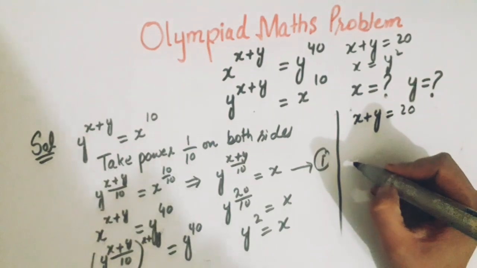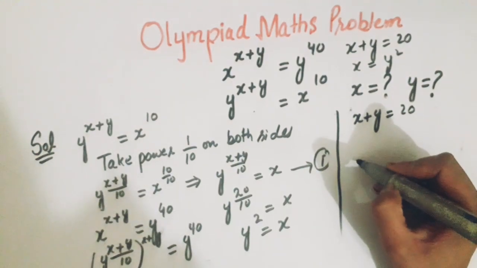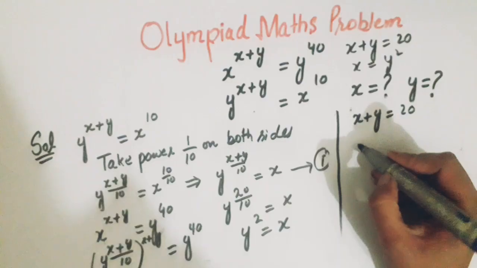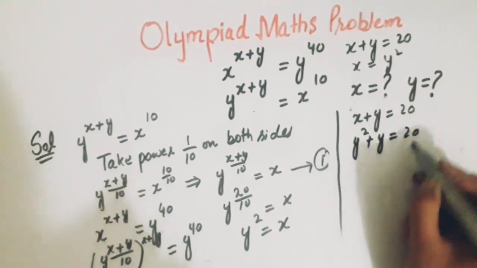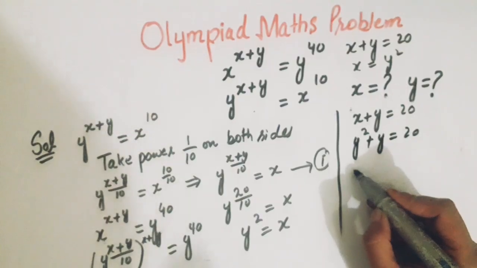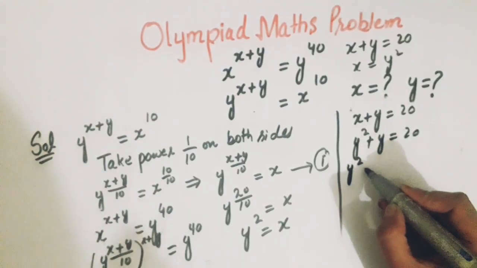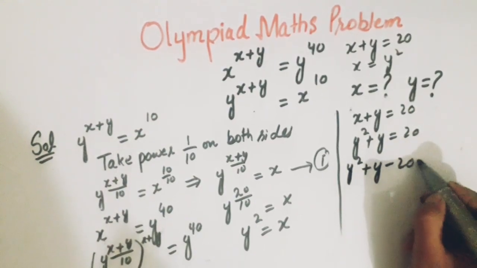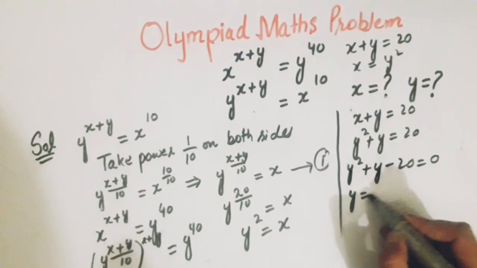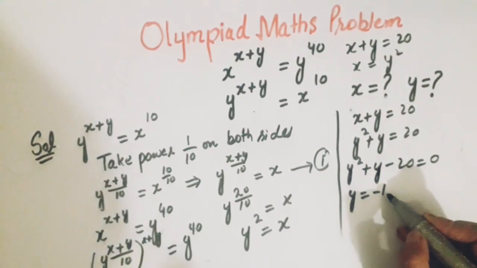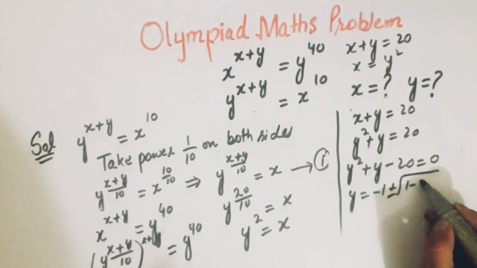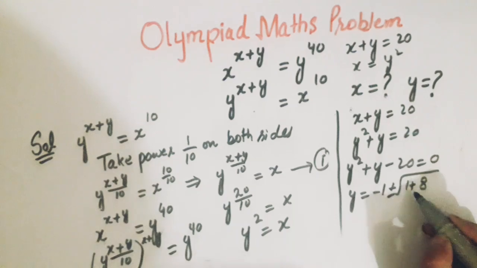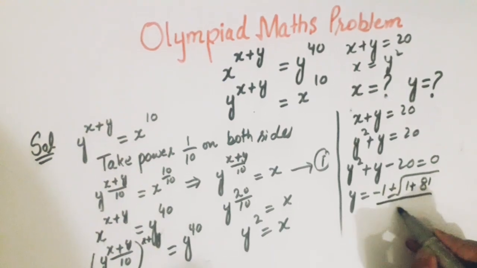So we will substitute in place of this: y square plus y equals 20. Now we will apply the quadratic formula on this. So y square plus y minus 20 equals 0. So y equals minus b, means minus 1, plus minus square root of b square minus 4ac, that will be plus because 20 is plus, divided by 2.